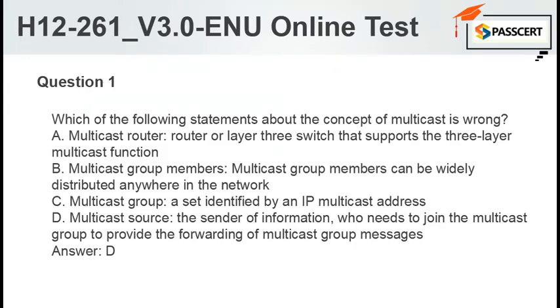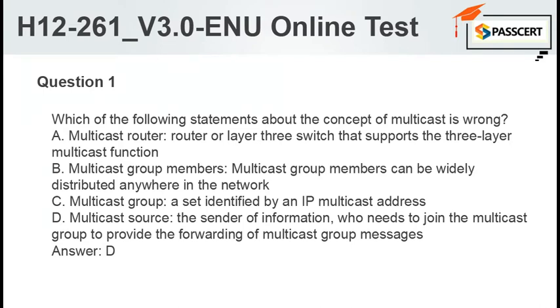Question 1. Which of the following statements about the concept of multicast is wrong? A. Multicast router or layer 3 switch that supports the 3-layer multicast function. B. Multicast group members. Multicast group members can be widely distributed anywhere in the network.